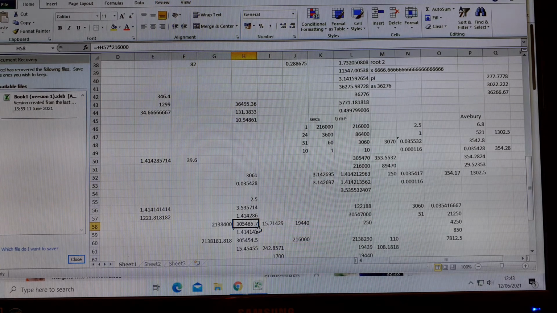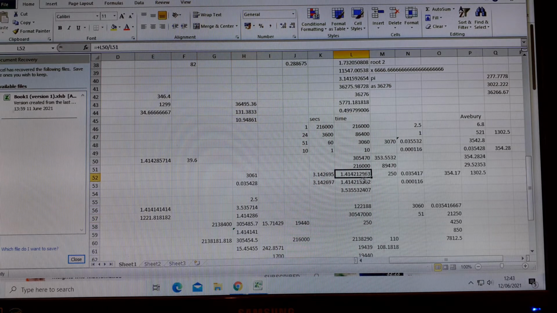And we can subtract the difference between that and that to find this number here, which is 15.71429. Now if we divide that into that, we get 19440, which is incredible. Because now there's definitely a correlation between 99/70 and this version of root 2 here.